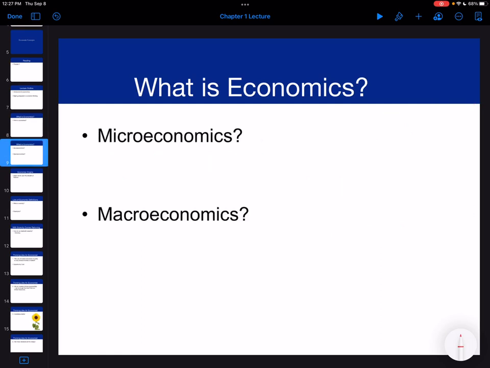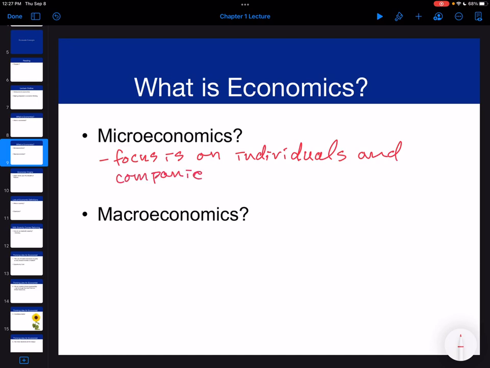Now, economics is split into 2 big top-level categories. Microeconomics. If you know anything about root words, micro means the small or lower level, right? So this is where our focus is on individuals and companies.